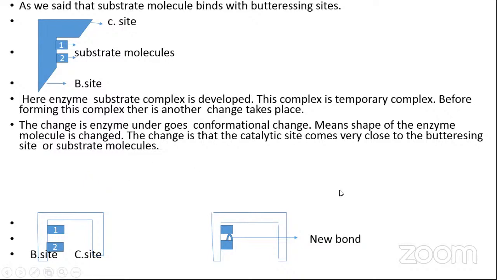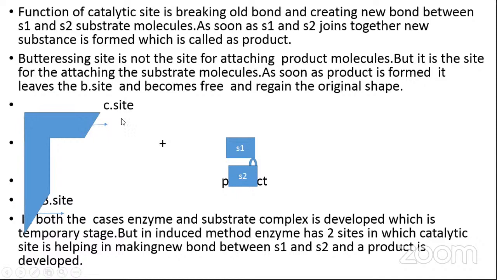Okay, the next, as soon as this bond is developed between the substrate molecules, they further give the end product. Along with the enzyme, they come out as the end product of this reaction. Now here, the buttressing site is not the site for attaching the product molecules. Product molecules come out here, but do not attach with this buttressing site.